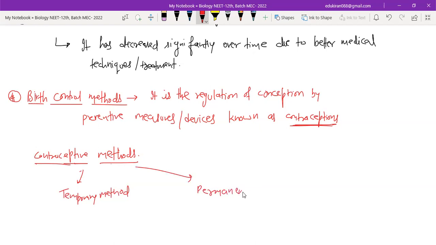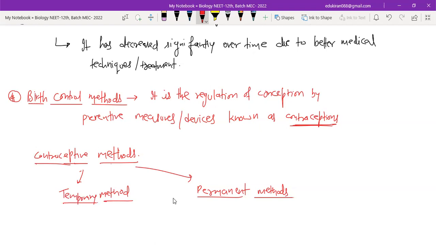As the word suggests, what do we mean by temporary and permanent methods? Temporary will prevent conception only for a short period of time. Permanent will terminate conception for the rest of the person's life.